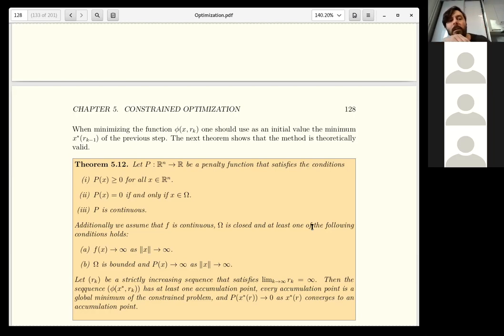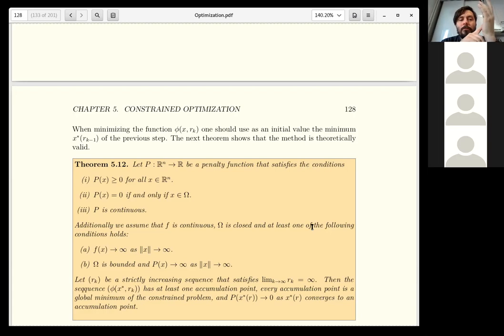And the penalty function, or one of these has to hold, or the region is bounded. It means that it doesn't extend to infinity anywhere, and the penalty goes to infinity the further we go from the edge.